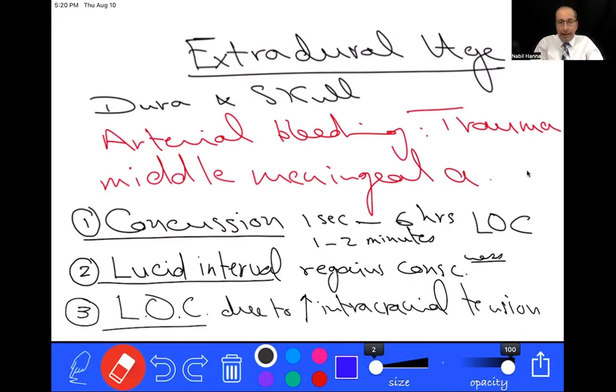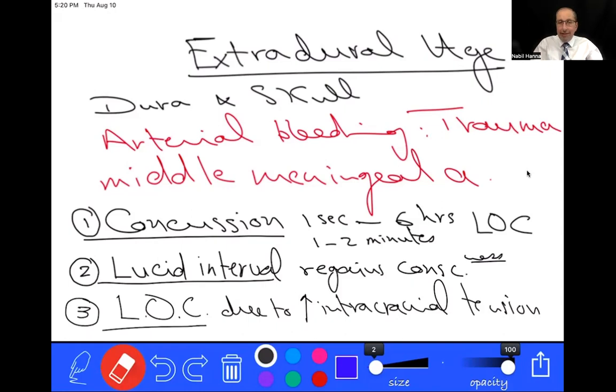And because of this scenario, if we know this scenario, we will recognize that any patient who comes to the ER because of head injury, especially if it was associated with brief loss of consciousness, should not be discharged unless you make sure that there is no hemorrhage inside.